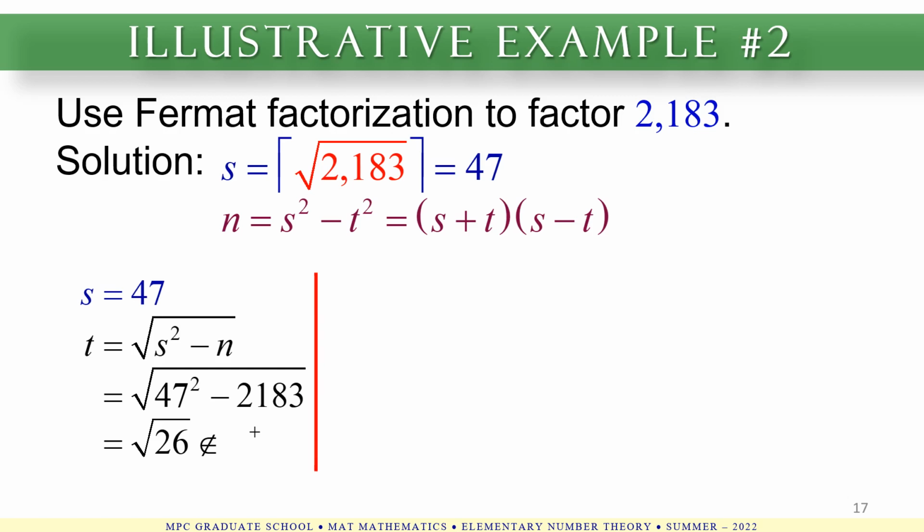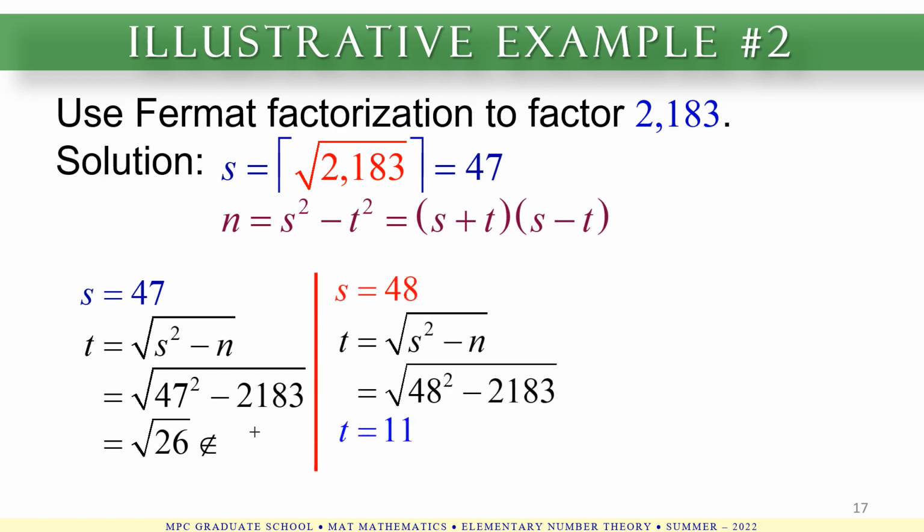Then move on to the next number after 47, that will be 48. Now we will have t as equal to the square root of 48 multiplied by 48 minus 2183. So that will be 2304 minus 2183. That is 121, which is a perfect square. Since the square root of 121 is 11, it is going to be our t value.